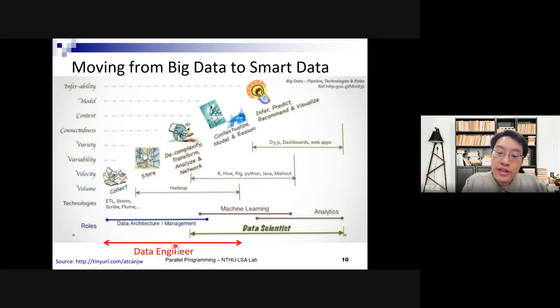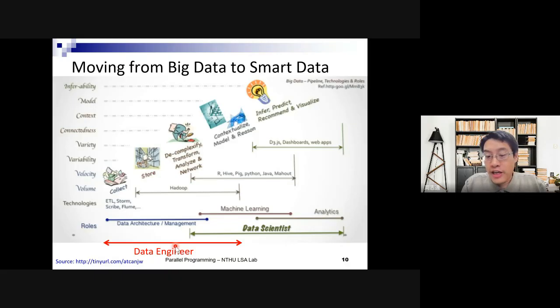And then you have the data scientist. That's the people that have more science background, right? They are better in algorithms, so they will know how to analyze the data on top of the system and the data provided by the data engineer.